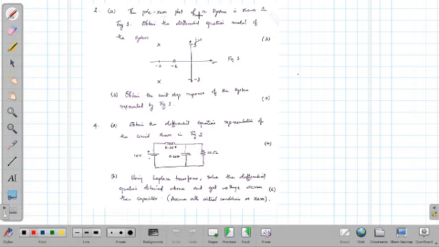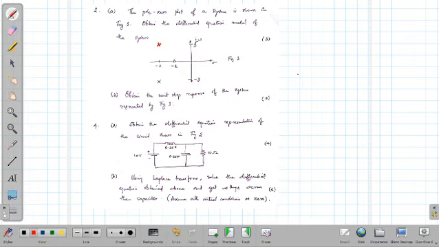The pole zero plot of a system is shown in figure 1. So the pole zero plot in S domain is given. Obtain the differential equation model of the system. Okay, so you are given with the S plane representation. You have poles and zeros. There are two poles here.